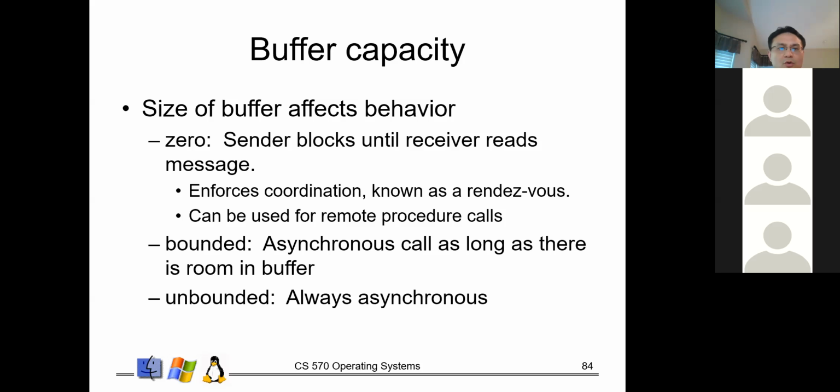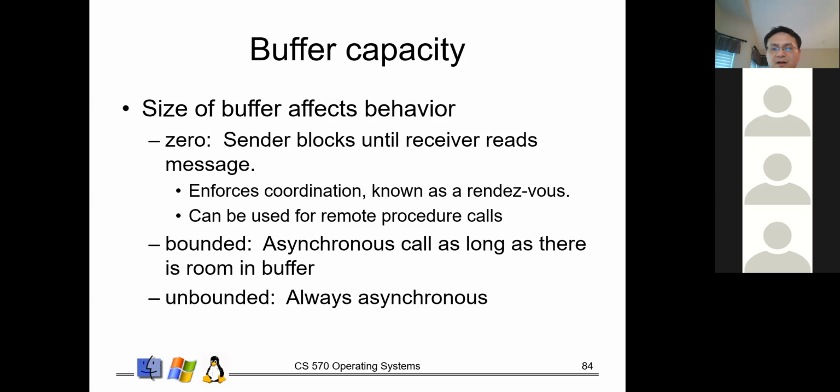All right. So the next mechanism would be the bounded buffer, which is a finite length queue. This works just like the bounded buffer we talked about in the producer and consumer example. If the sender is faster than the receiver, it would eventually block, right?